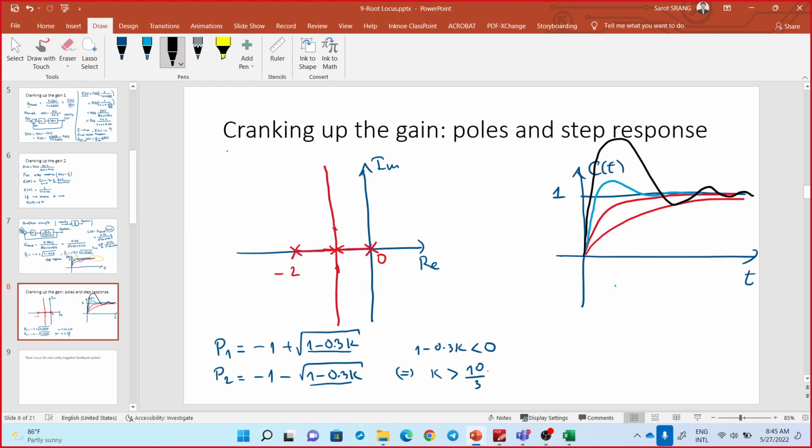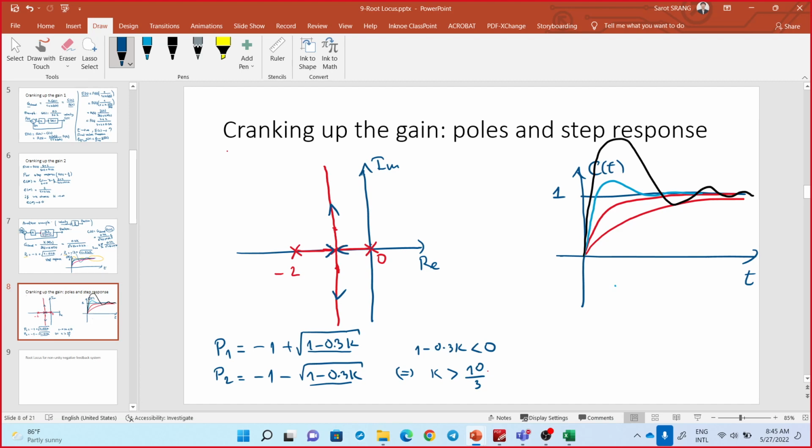All right. If I look at the direction of the evolution of the root locus, it is clear that this one goes this way and this one goes this way when k increases.